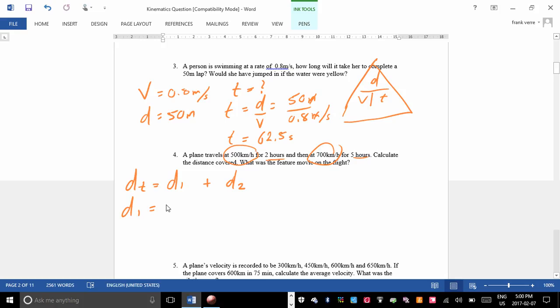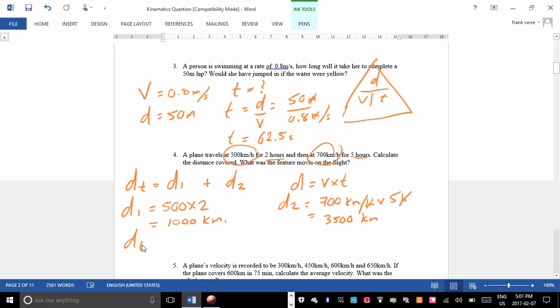In the first interval of time, we have a speed of 500 kilometers per hour. So remember, distance is v times t. So in this case, for the first interval, it's going to be 500 times 2 hours. So that would give us a distance of 1,000 kilometers. For the second interval, it'll be 700 kilometers per hour times 5 hours, which will give us a distance of 3,500 kilometers.